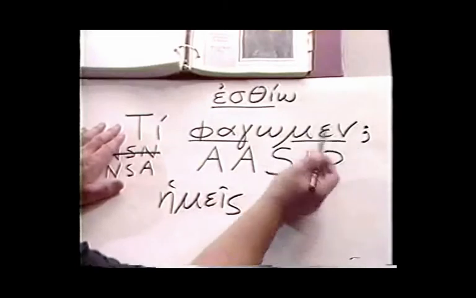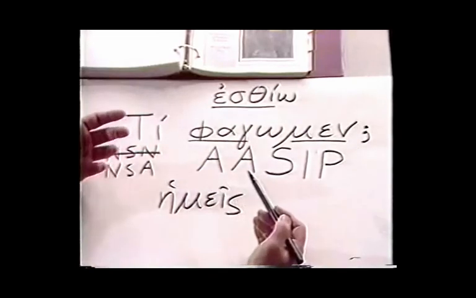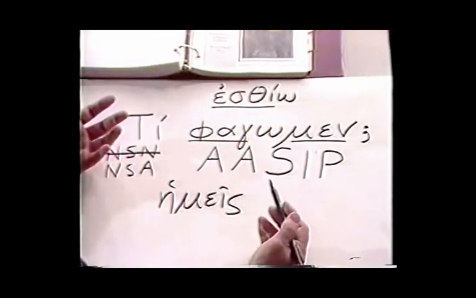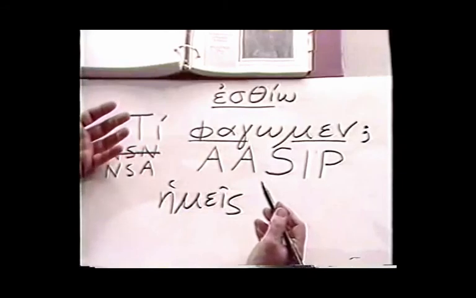We are asking a question here of great doubt or concern. What shall we eat? Which is what anxiety causes, doesn't it? Anxiety causes us to ask such questions that are focused on ourselves. What shall we do? What will happen to me? How will I pay the rent? And so forth.